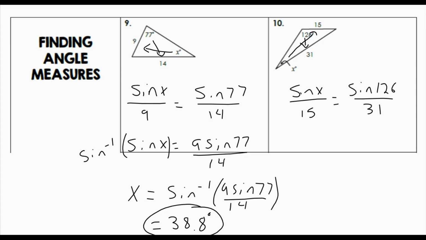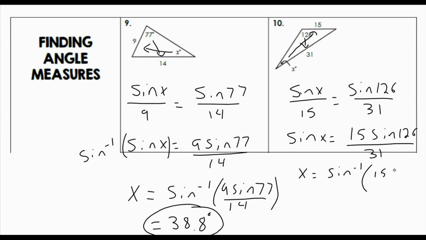Multiplying by 15 on both sides, I'll get sine x is equal to 15 sine 126 over 31. Taking the sine inverse, I would get x is equal to sine inverse of 15 sine 126 divided by 31. When I plug this into my calculator, I'll get an angle measure of 23 degrees.